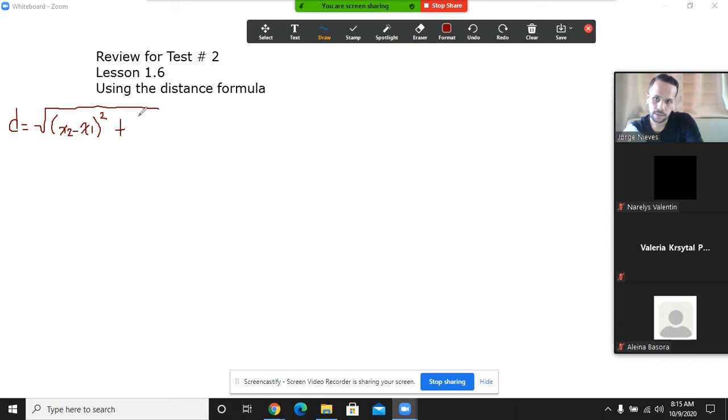We're going to add parentheses y2 minus y1, also squared. So that's the distance formula that we're going to use to do these problems.